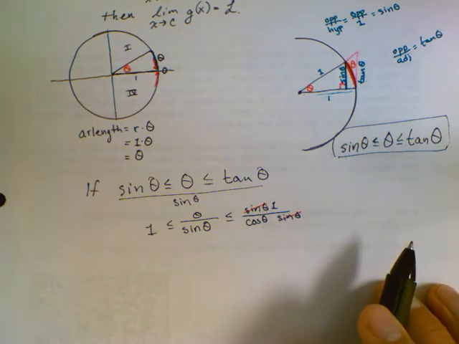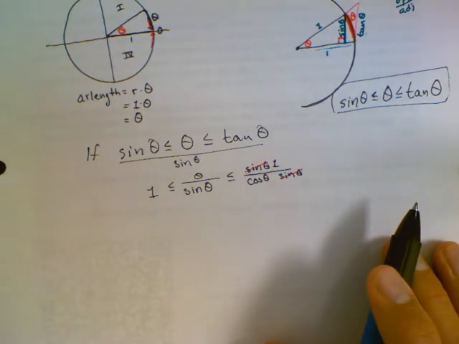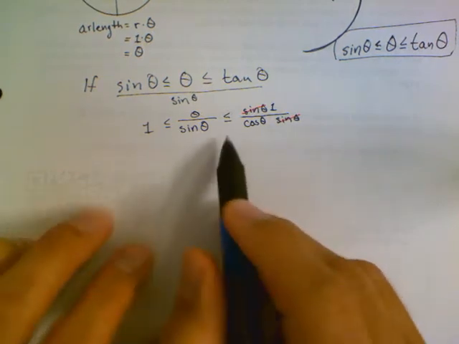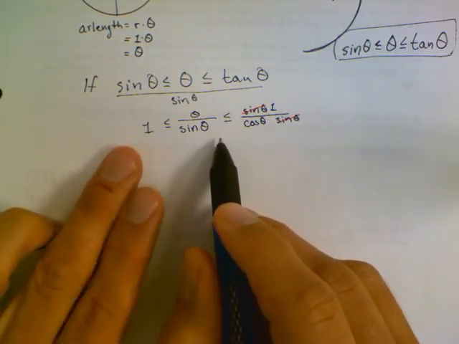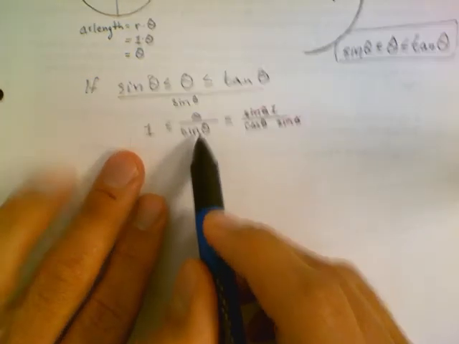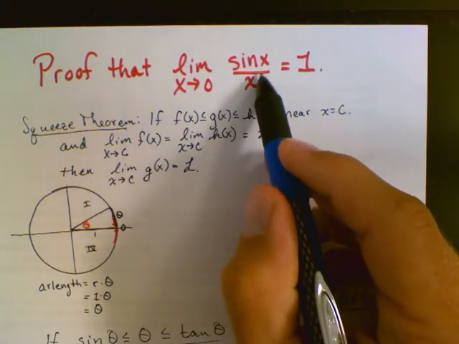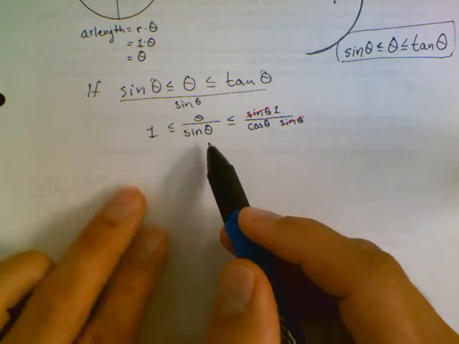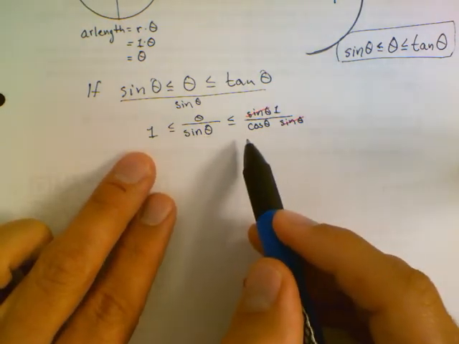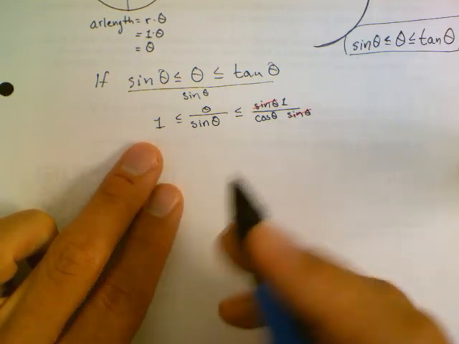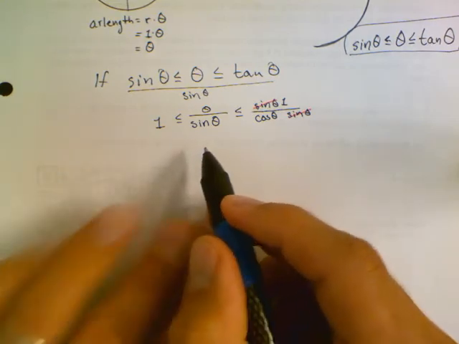So that's 1 over cosine theta. So as we're working through that, we have theta over sine theta now, and our goal is sine theta over theta. So what we're going to try to do is just flip everything, or invert everything, or reciprocate everything, okay?